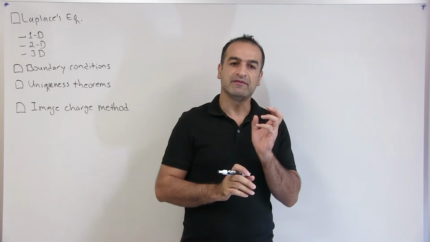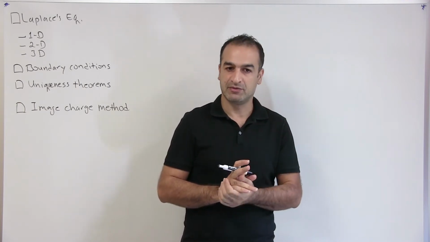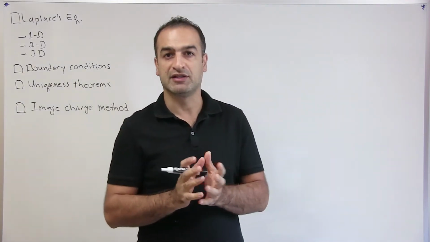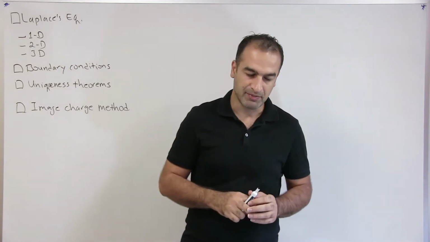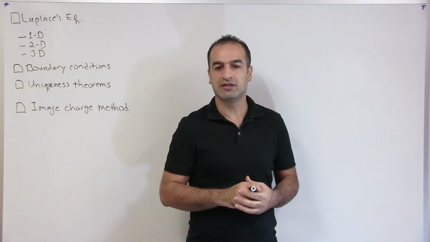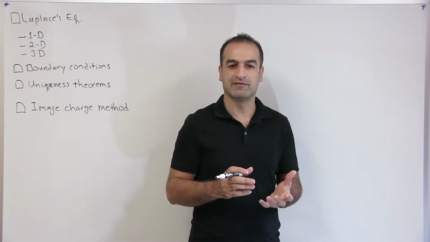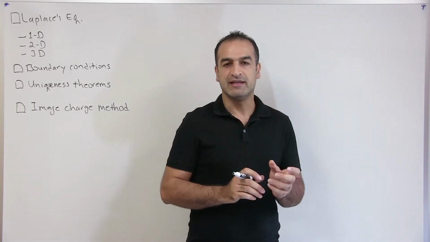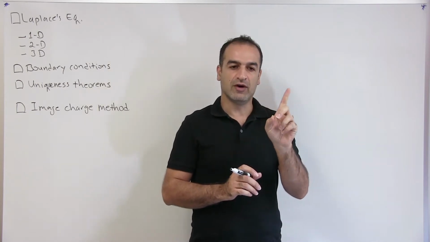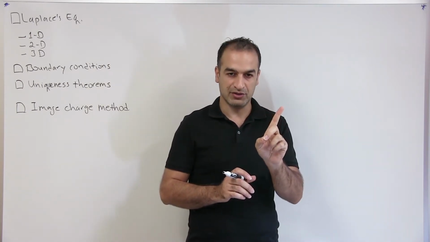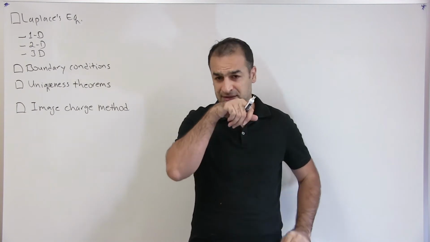There is something very specific about Laplace's equation and most differential equations of this type, and that is that the solution of the equation is unique. What does that mean? There's one and only one solution for that equation given the boundary condition.